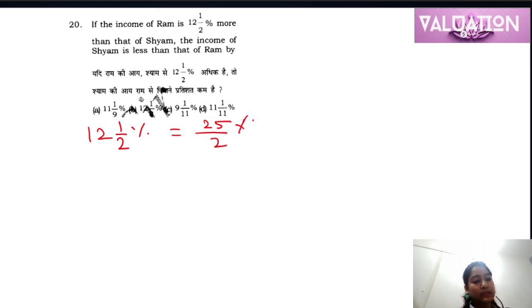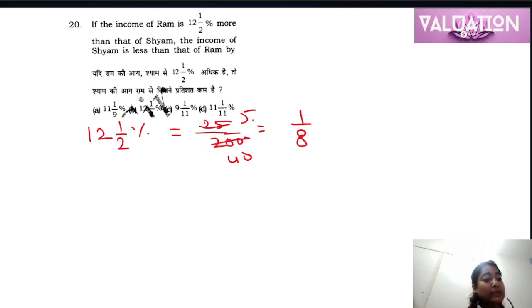So it is in percent. When we remove the percentage sign, we have to multiply by 100. So 25 by 200 is equal to 5. So it will be 1 by 8. So this is 1 by 8.